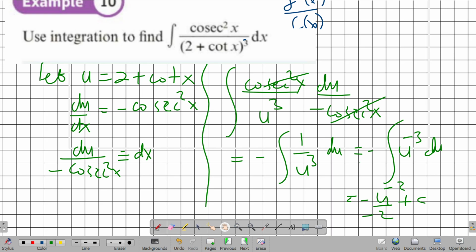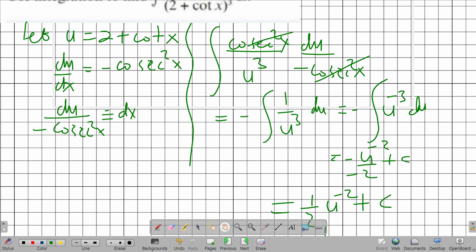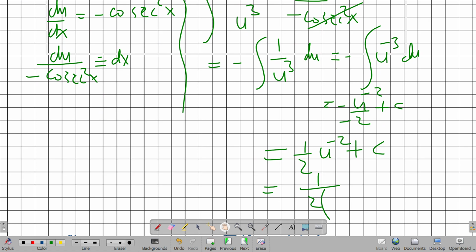You're going to get the final answer is 1 over 2 u to the power of minus 2 plus c, which is simply 1 over 2u squared, which is equivalent to, what was my u? 2 plus cot x. So it's 1 over 2 times (2 plus cot x) squared plus c.